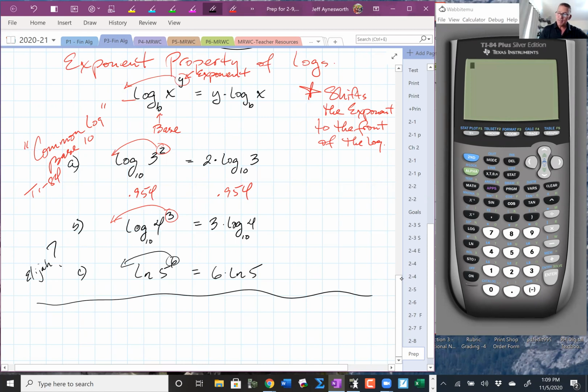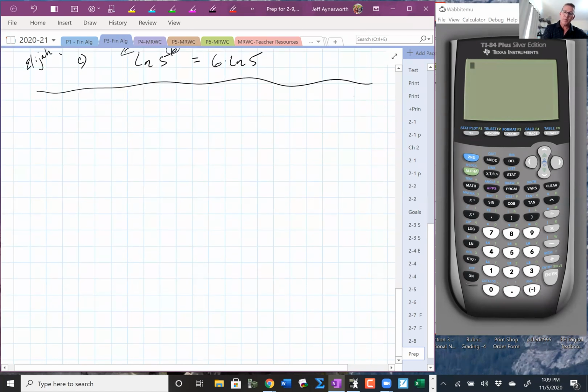Now, let's get into a financial problem. So this is number 3. This is what you guys are going to need to be able to do in section 9. Let's write this together.